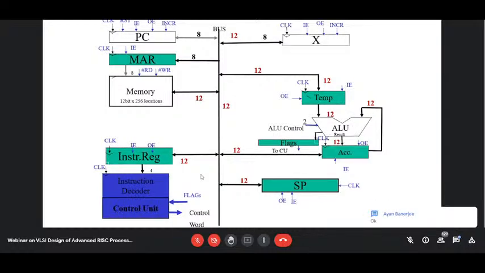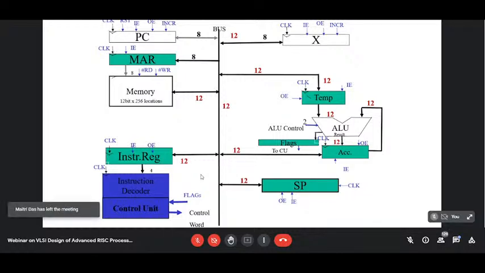Based on that, the VLSI design engineers make this CPU. Here I have taken a small example just for understanding. Easily we can expand it, instead of 12-bit, to 32-bit. There could be a large number of registers, but the basic concepts are the same.